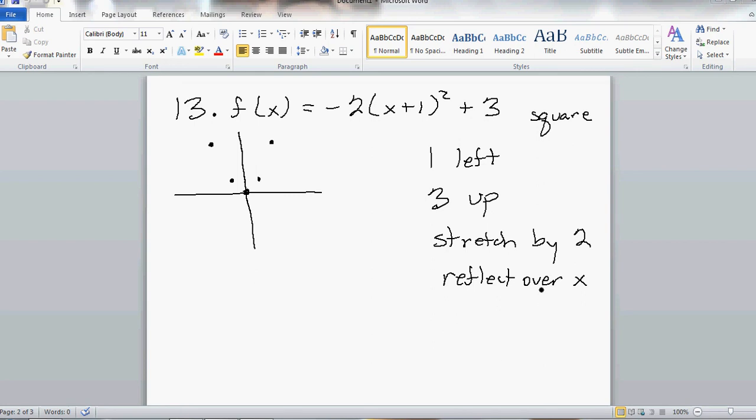And so I have several things I need to do. Now the first thing I'm going to do is this shift with just the vertex. I'm going to go 1 left and 3 up. So that puts me right at that point there.